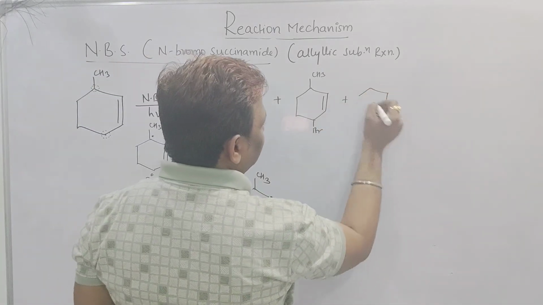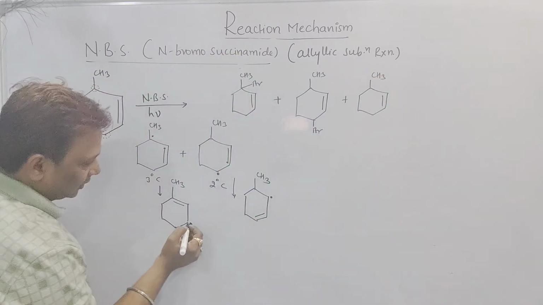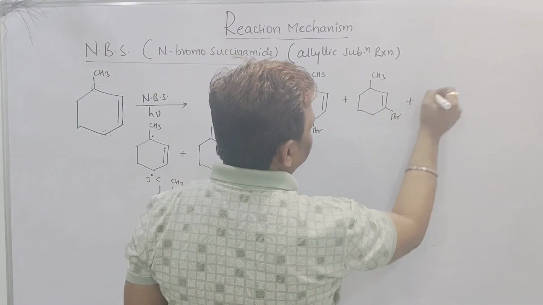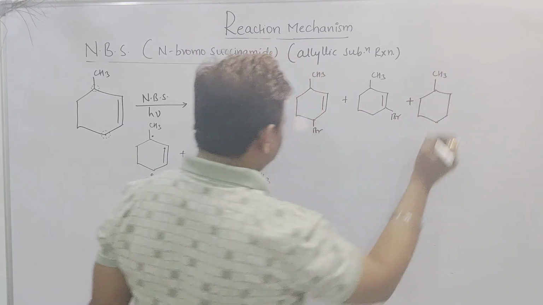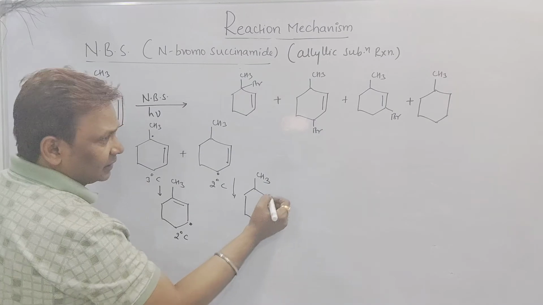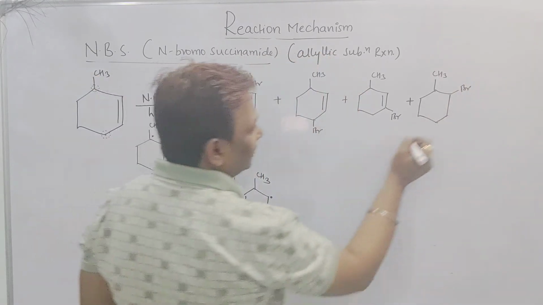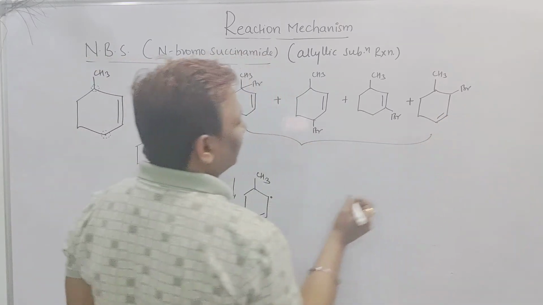Sir, it is a cyclohexene attached with a CH3 and now my Br will attack here. And in the last case, sir, it is a CH3 bonded with this radical, attacked by the Br, and we got a double bond. See beta, all are the 4 products we got.